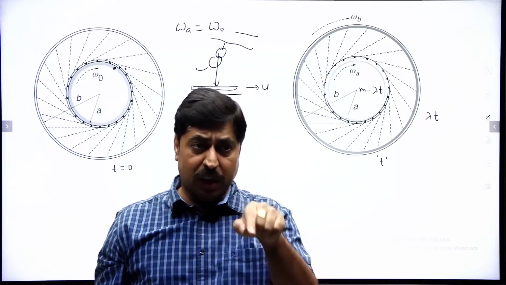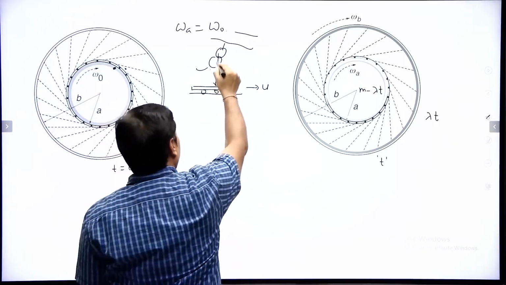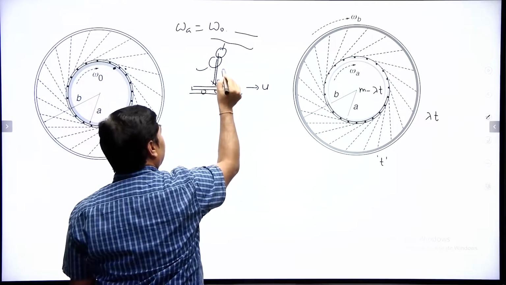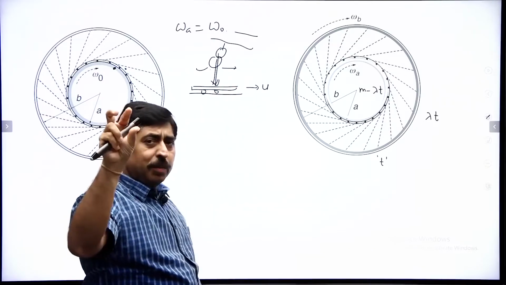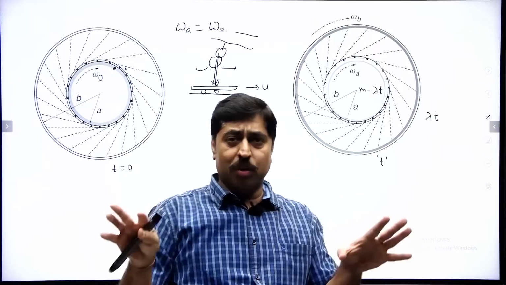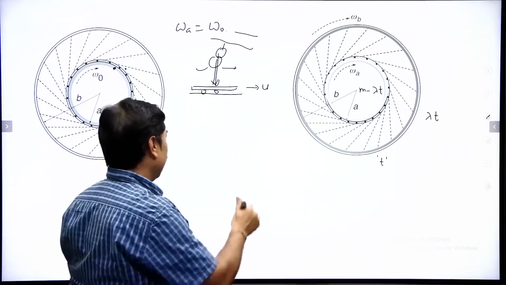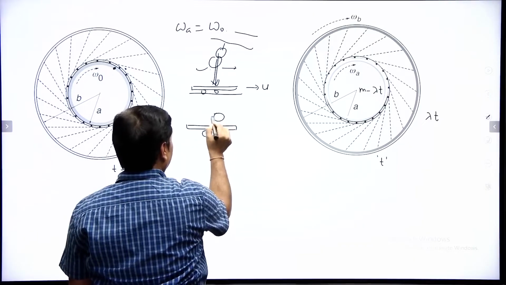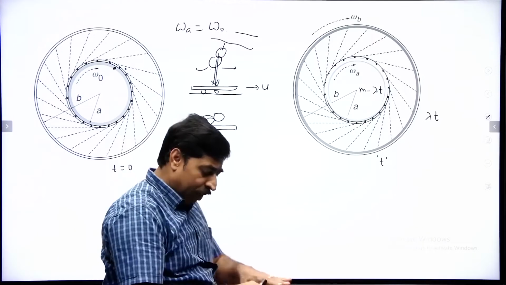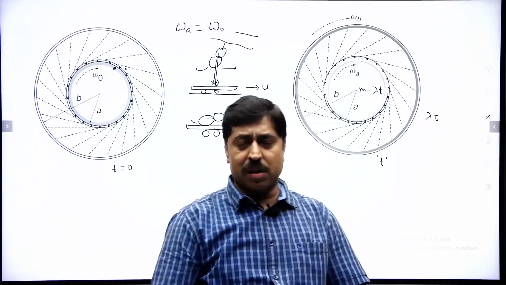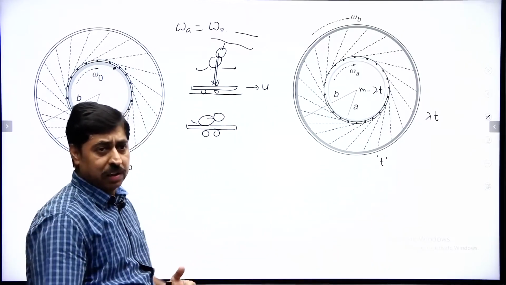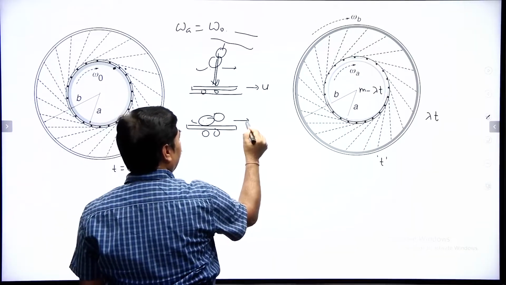The answer is yes, this time it will change, because just before hitting the cart, the monkey had a downward velocity but no horizontal momentum. But after the monkey lands and stabilizes itself, meaning slipping between its feet and the cart surface has stopped, the whole thing is going with some velocity v.